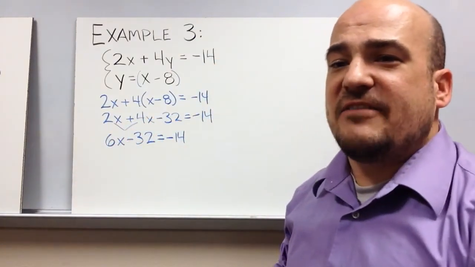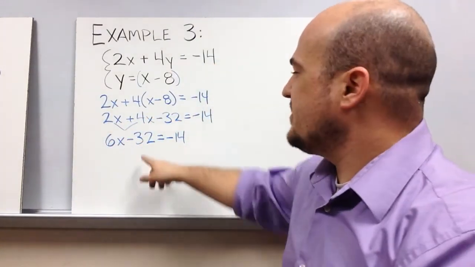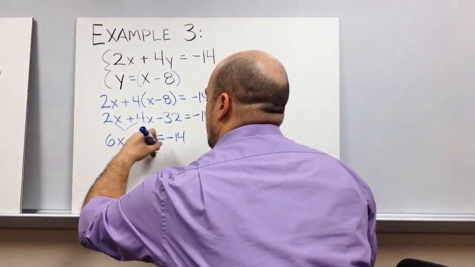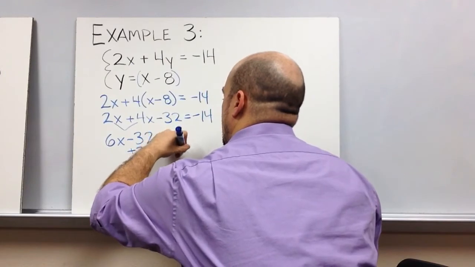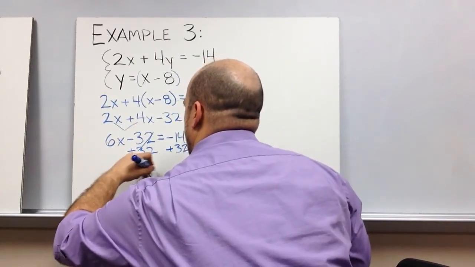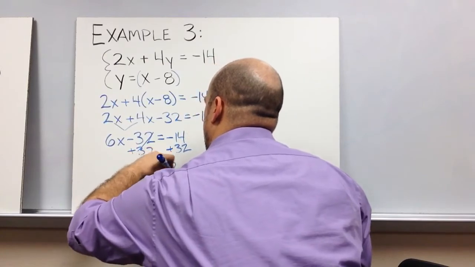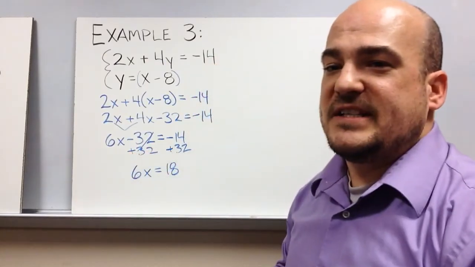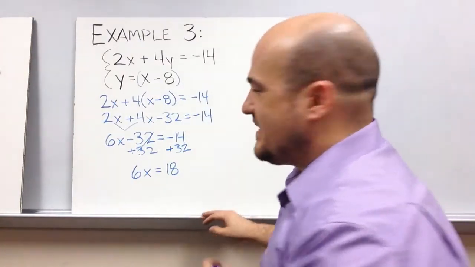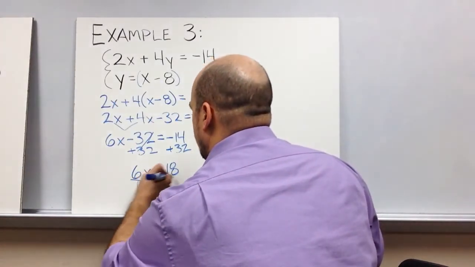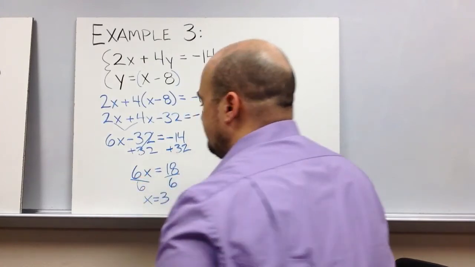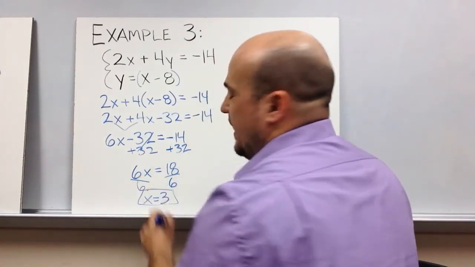And again, now I just have a two-step equation that I can solve. I just have to add 32 to both sides. And I wind up with 6x equals 18. And finally, I just divide both sides by 6. I get x equals 3.